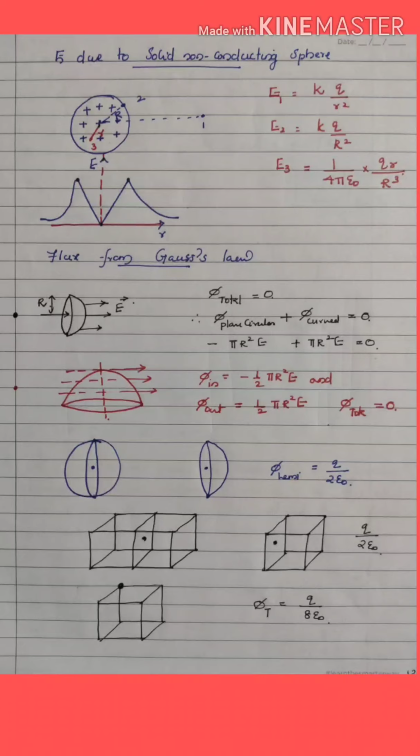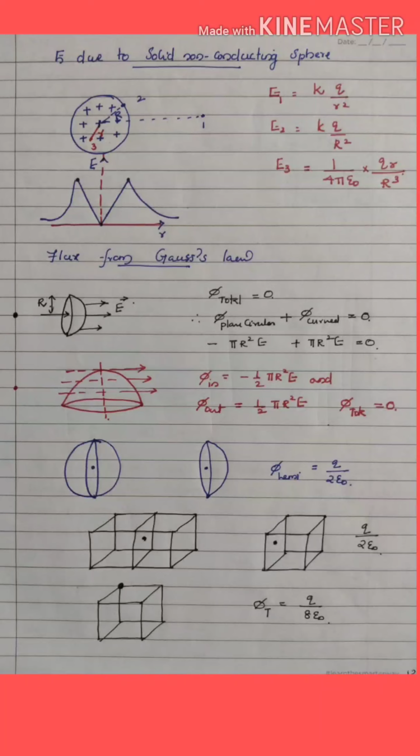It is because of two contributions, one the entering area, the plane, and the leaving area, the curved one, but the total should be equal to 0. So we can easily find for that flat surface pi r square into E, but entering, so minus. So the flux due to the curved one becomes plus pi r square into E. See the case here, this is the entering, this is the leaving. So the total flux becomes 0. So the entering we can find easily.